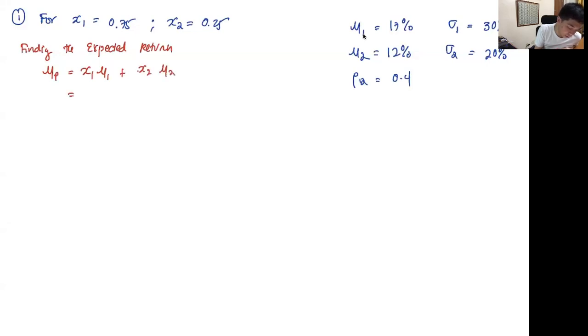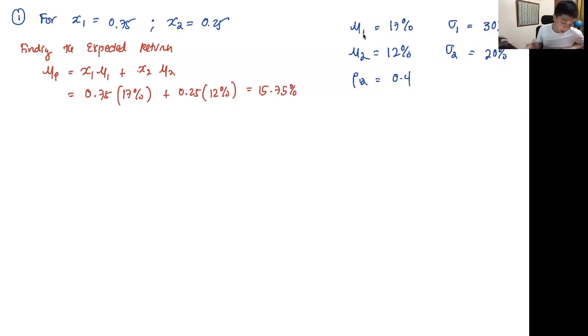So x1 is 0.75, then mu1 is 17%, plus x2 is 0.25, and then you have mu2, which is 12%. If we simplify that, 0.75 times 17% plus 0.25 times 12%, we're left with 15.75%. So that's your expected rate of return of the whole portfolio.